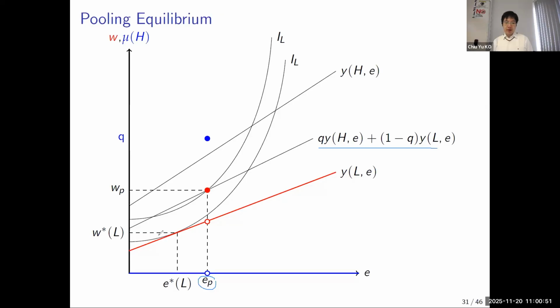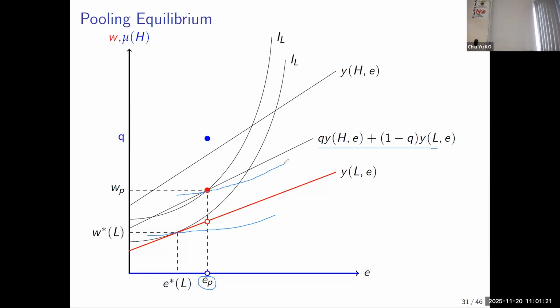So remember the high type will be something like this as well. It's more flat, even flatter, right? That means this is still above it. So there's no way he would take this rather than this guy. The only thing you can imagine is there's some point here where you can choose better.